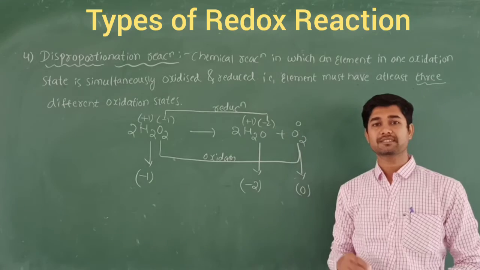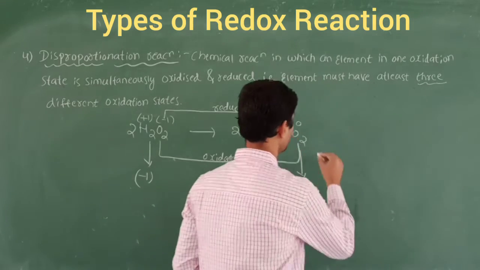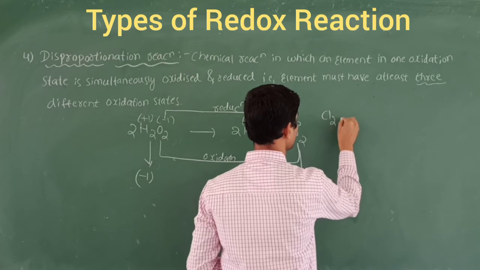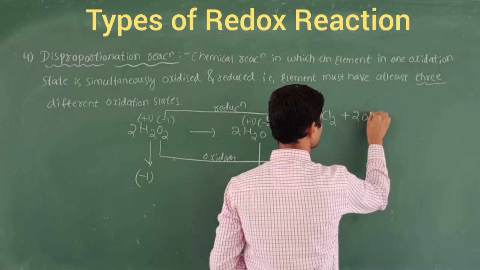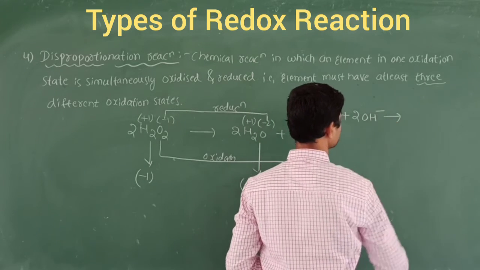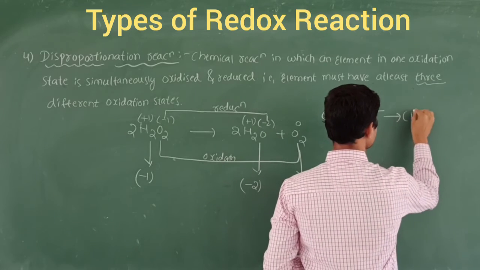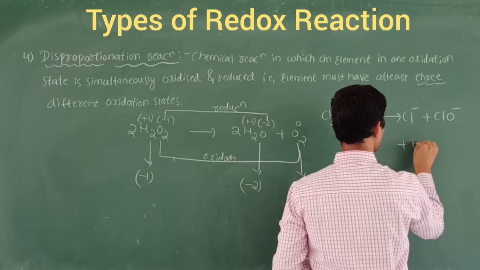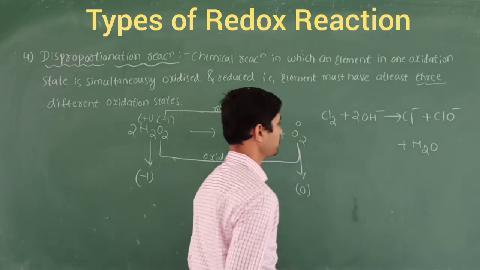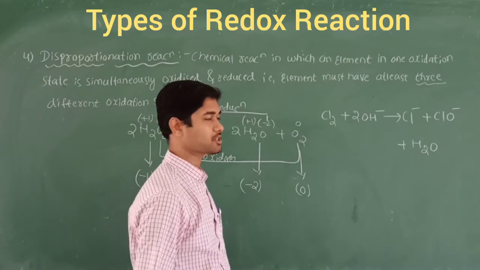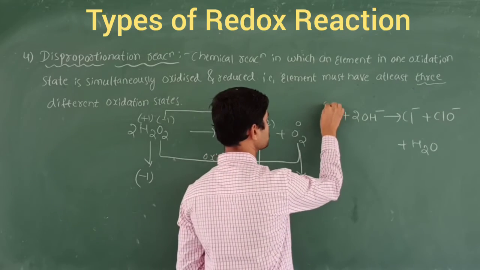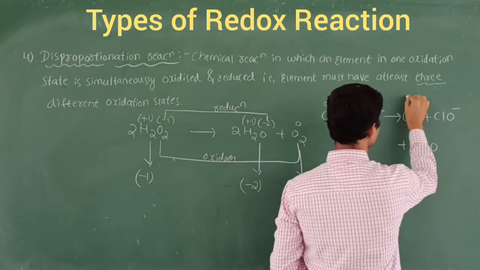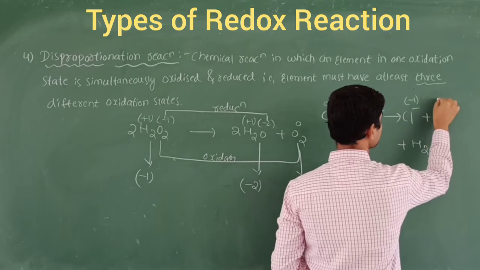So let's take one more example. That is chlorine plus 2OH minus. That is going to form Cl minus plus ClO minus plus water. So here what happens? Let's write the oxidation numbers. Here chlorine should be 0, in this case it is -1, and in this case +1.